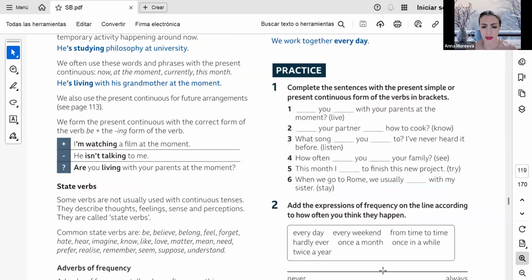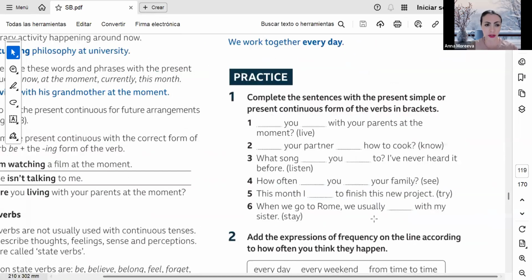So here we practice. You can check the rules, the theory. Complete the sentences with the present simple or present continuous form of the verbs in the brackets. Number 1. First, we can see the sentence and decide if it's present simple or present continuous. Continuous?